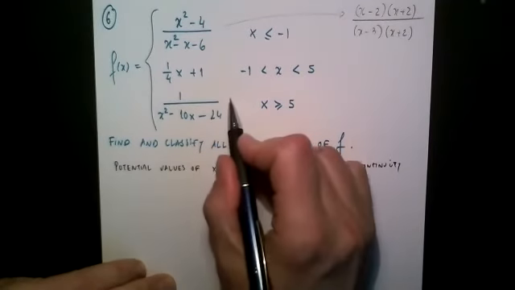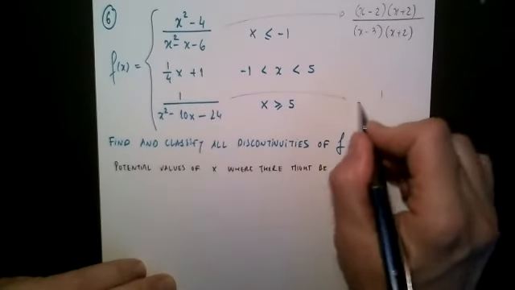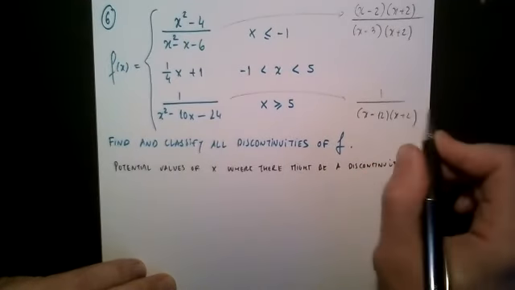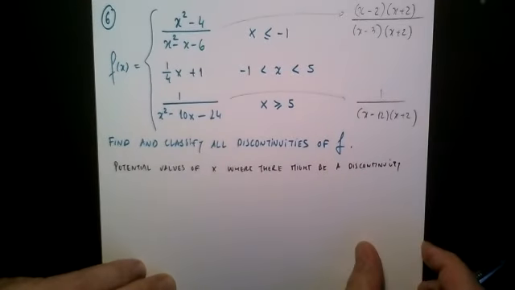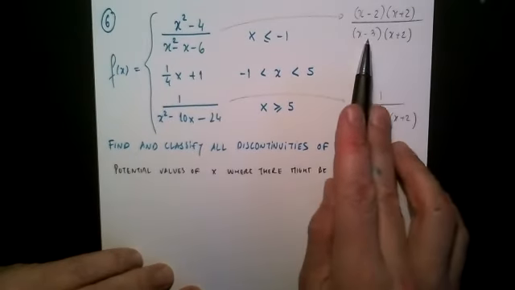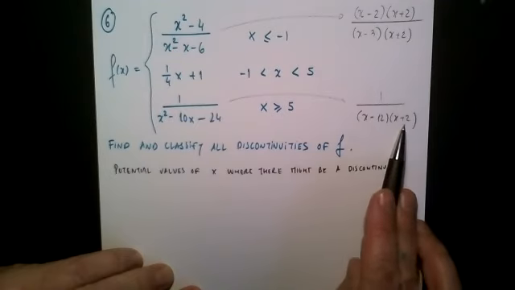Okay, and this one here, if I would factor, I would get 1 over x minus 12, x plus 2. Okay, so definitely I have to inspect -2, 3, 12, and -2.